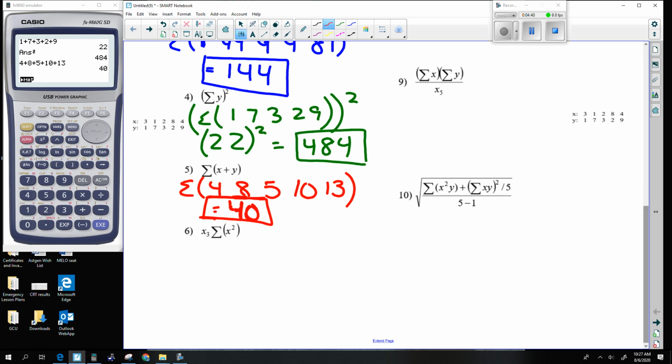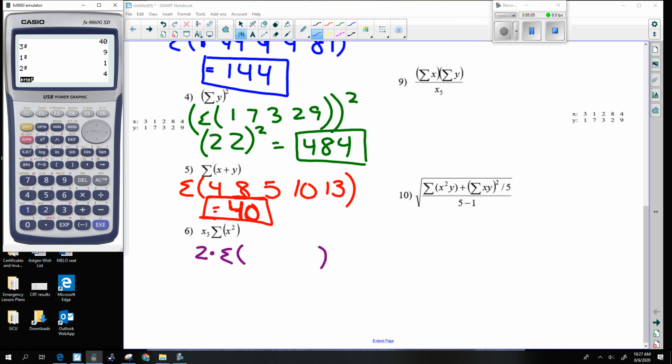All right, so I'm going to start with this. What this is, x sub 3, so that's the third number of x, times the sum of x squared. So what I need to do is square the x's. So 3 squared, 1 squared, 2 squared, et cetera.